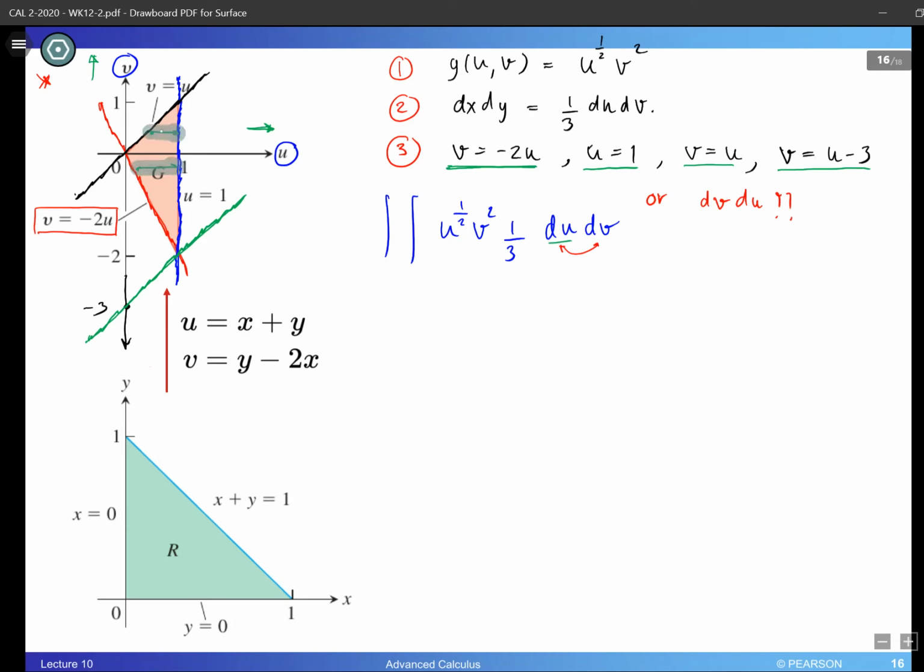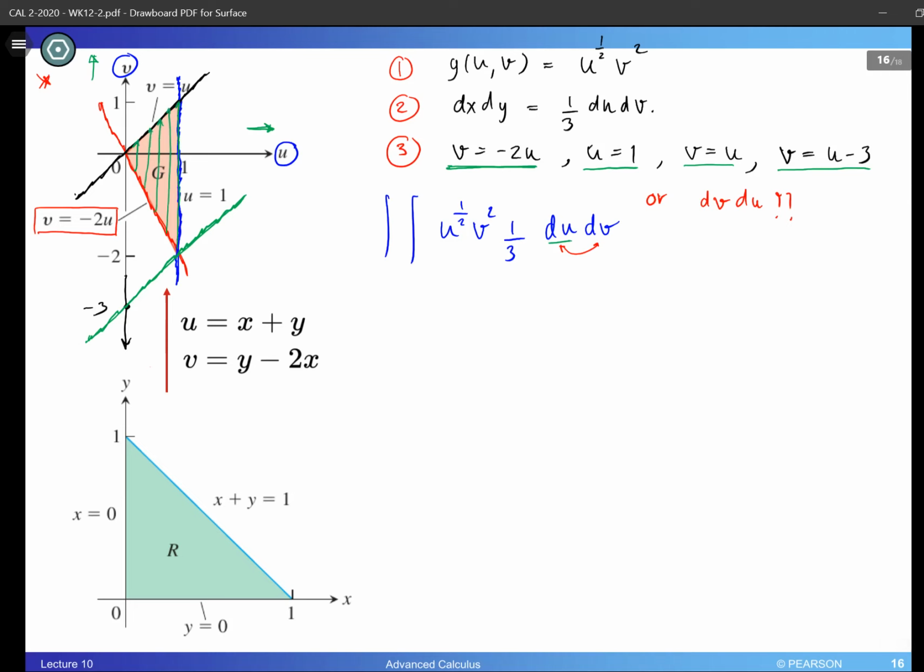The other way. We are going to try to sweep this vertically first. What's going to happen? So if we decide to sweep this vertically first, we are going to start from the red line and end at the black line. And it's going to be the same all across the region. And that is good, right? So we don't need to switch the equations.